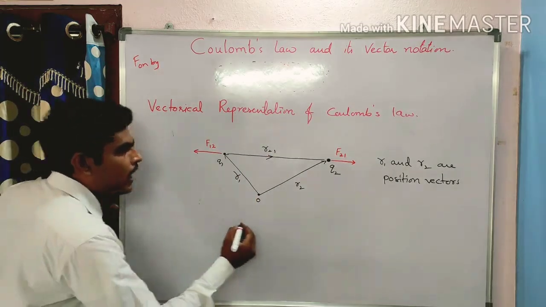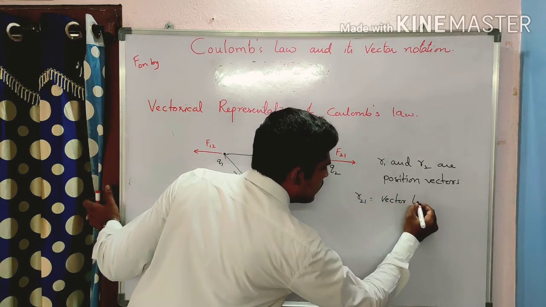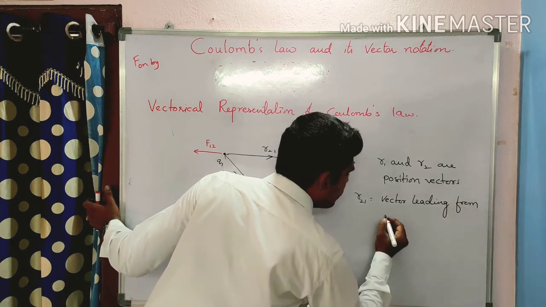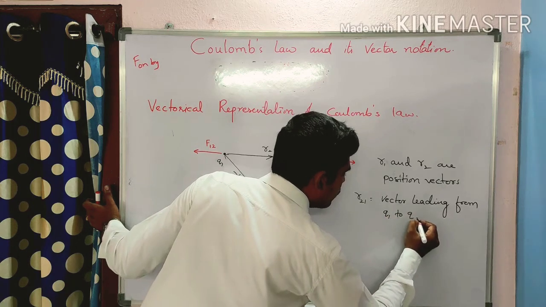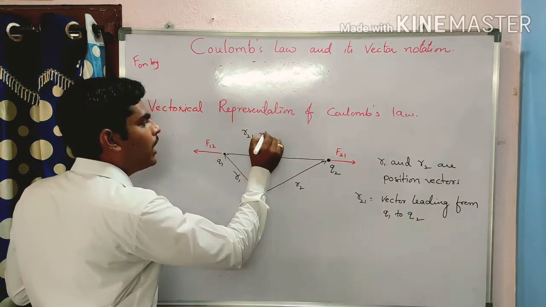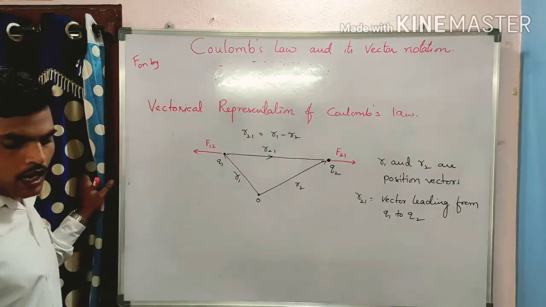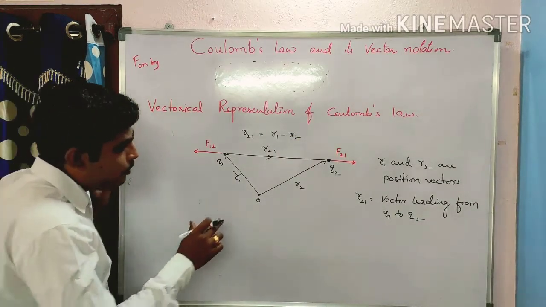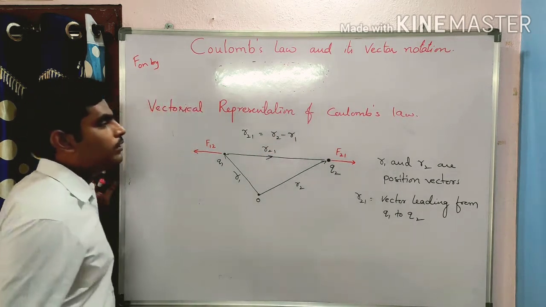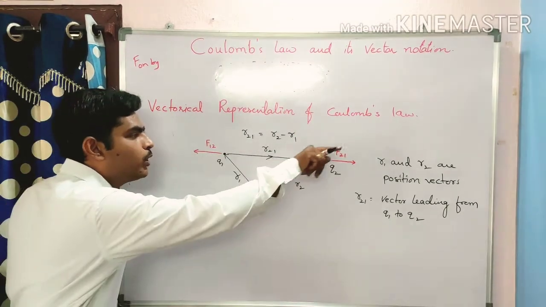I write this as R21, the vector leading from Q1 to Q2. R21 can be written as R2 minus R1. This is the vector leading from Q1 to Q2.